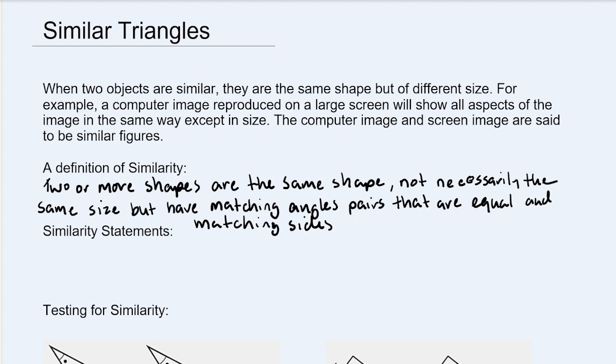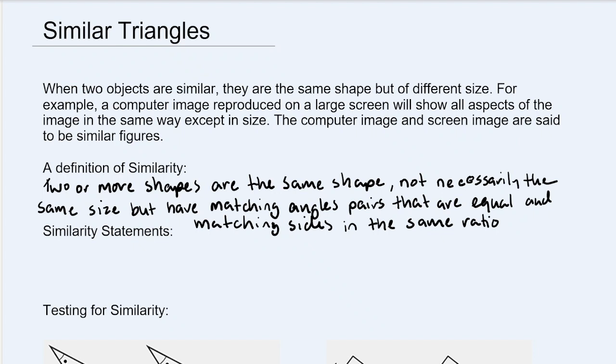Now these guys aren't going to be equal, they are going to be in the same ratio. So this is where we're going all the way back to ratios and understanding how ratios work in a similar fashion to fractions.